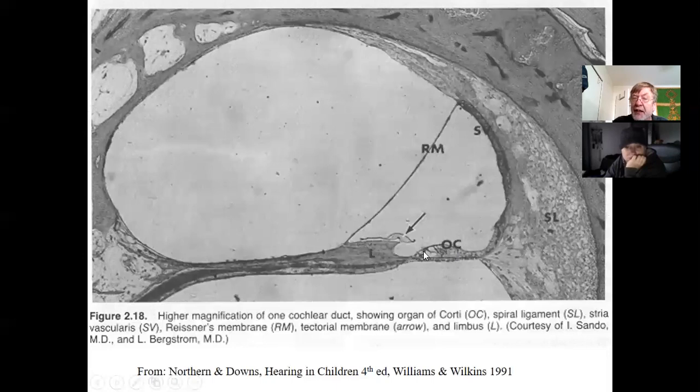These would be the inner hair cells. This is the tectorial membrane, but it has shrunk. It's pulled way back, but this would all be the organ of Corti. This would be the basilar membrane. And then this would be the spiral or the bony labyrinth, scala tympani, scala media, scala vestibuli.